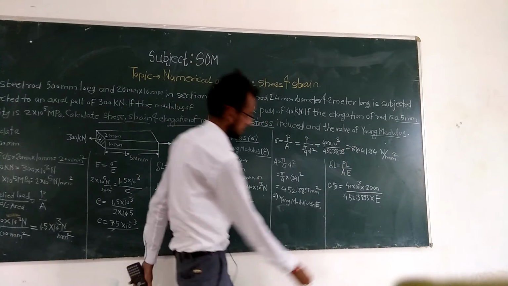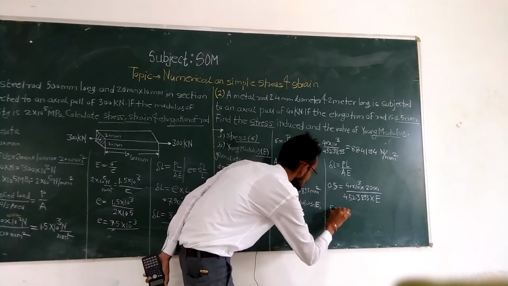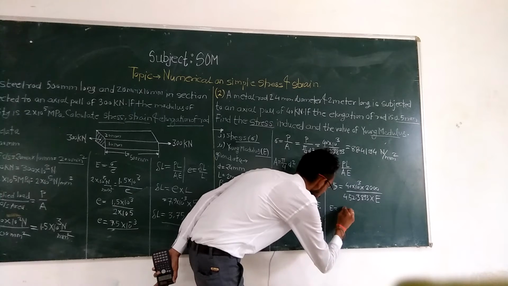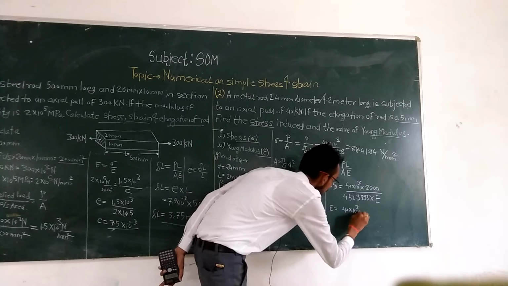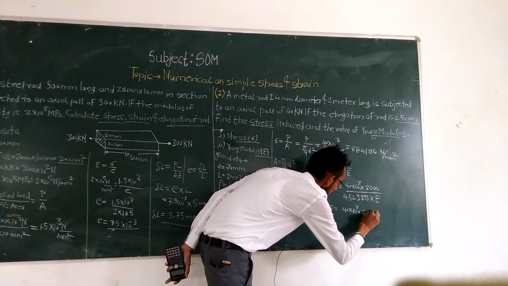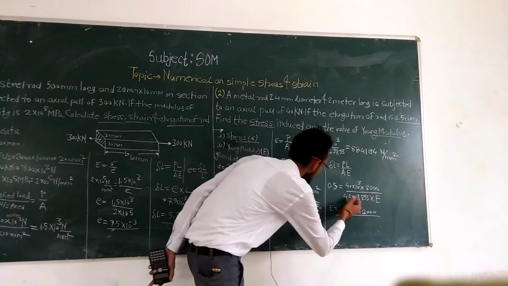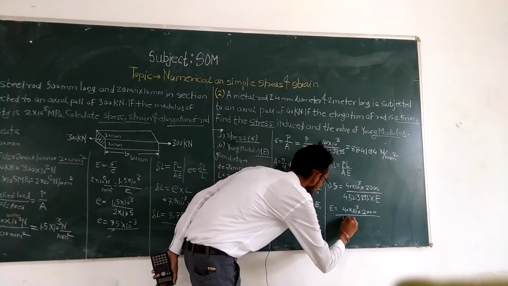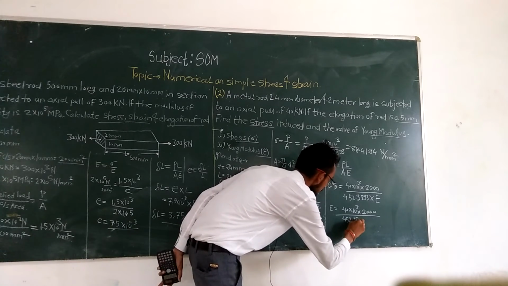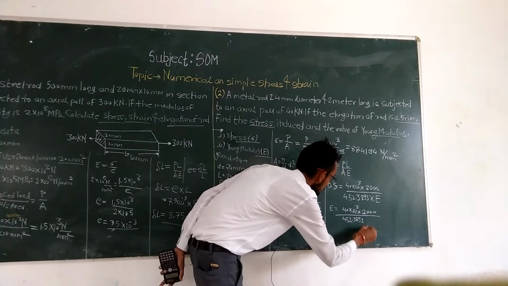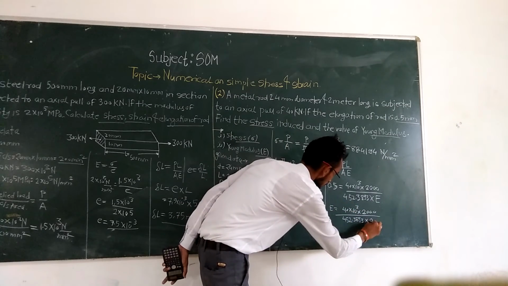To calculate the value of Young modulus E, E is equal to 40 into 10 raised to 3 into 2000, divided by 452.3893 into 0.5.